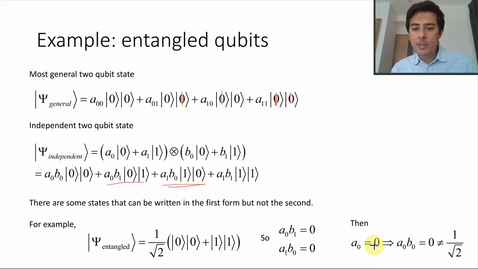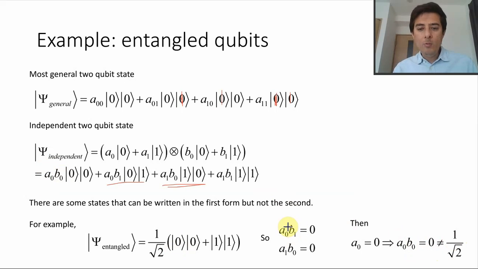If A0 is 0, then that automatically makes this other term, A0 B0, also equal to 0. So I cannot choose any value of B0 to make this equal to the 1 over root 2, which I want it to be here. So that means that I can't set A0 to 0.